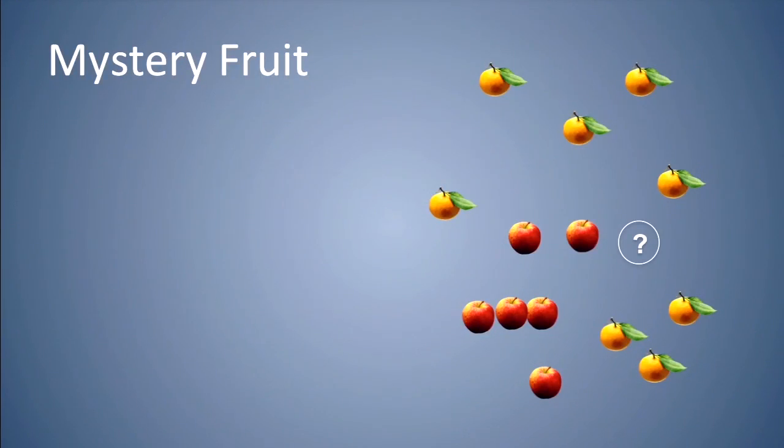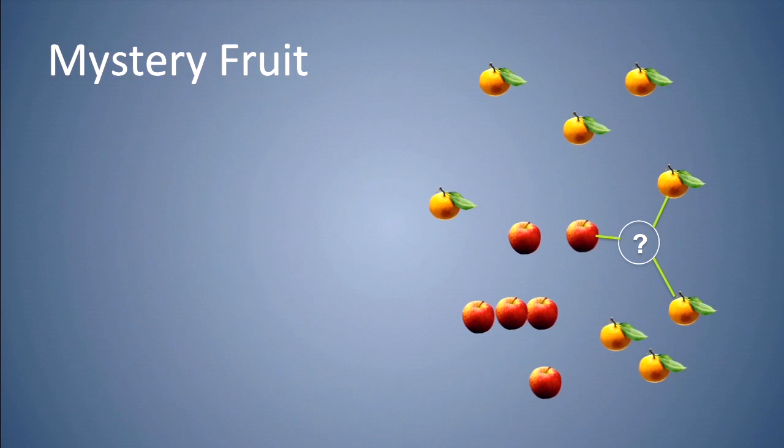Problem number 1, mystery fruit. Let's say you have several apples and several oranges, and you have an unclassified fruit. In this case, we are going to set our K to 3. We're going to look at our 3 nearest neighbors.